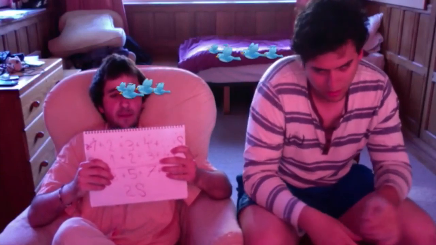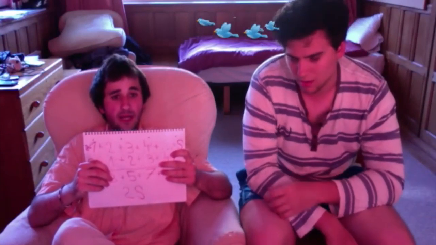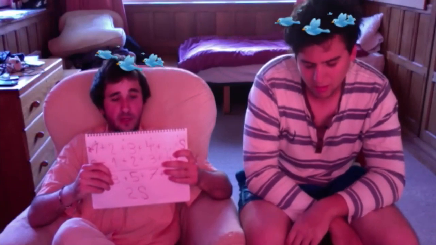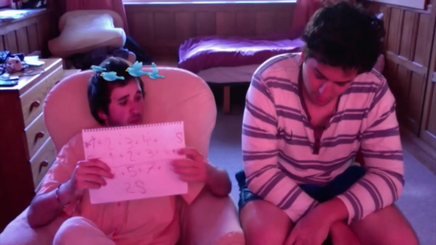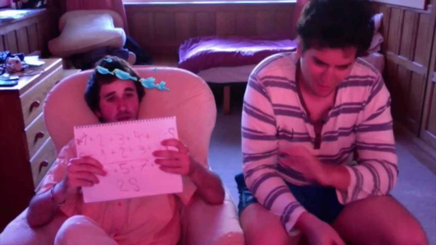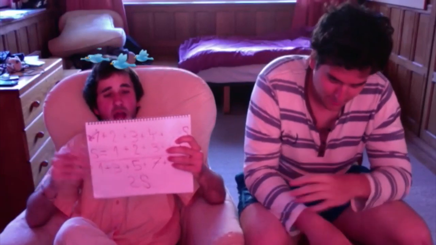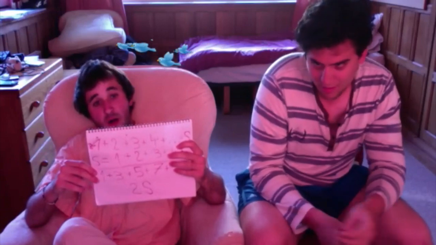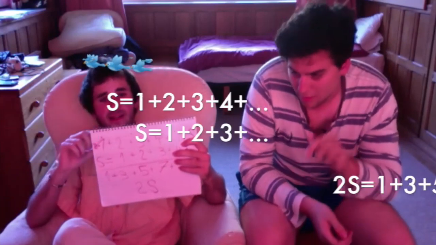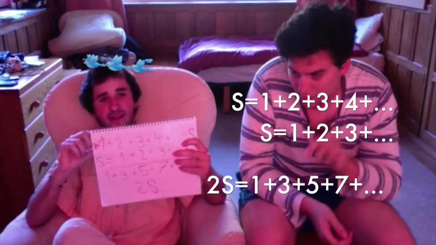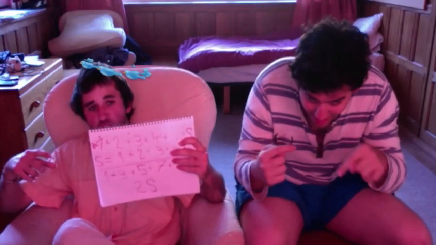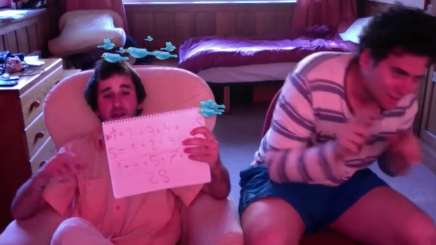So basically, we are interested in computing the sum S equals 1 plus 2 plus 3 plus so on. There are two main ideas. The first idea is to produce a copy of S and to write it beneath it, but not exactly beneath it, to push it to the right a bit.